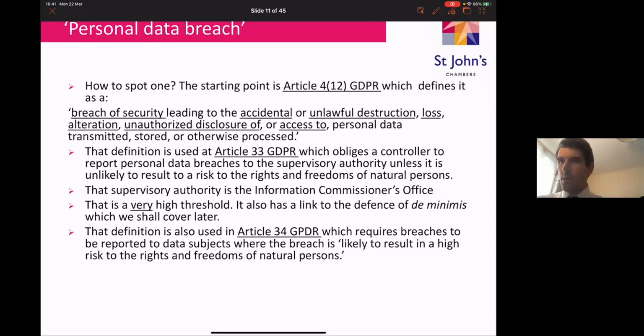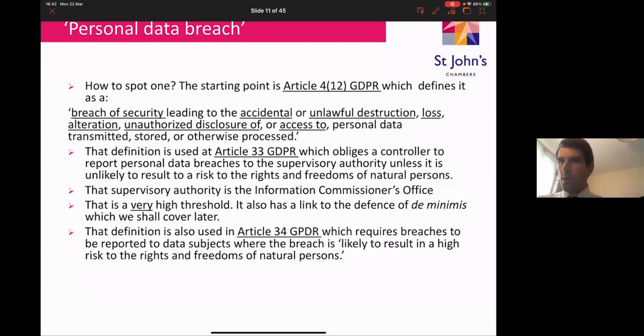And the threshold for that, something which is relevant to the defence of de minimis, which James will touch upon, is that the controller has no requirement to report a data breach unless such a breach is unlikely to result in a risk to the rights and freedoms of natural persons. I think that's a very high threshold to get over if you're a controller. As I say, we'll come on to that.